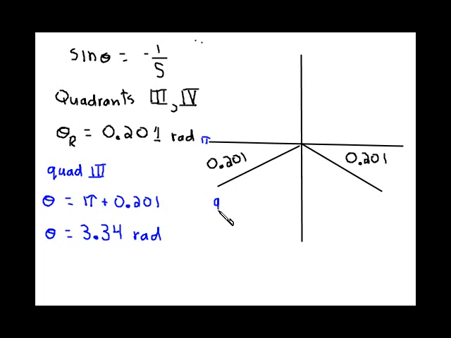And then my quadrant 4 solution, well, that's 2 pi. So theta is going to be equal to 2 pi take away 0.201.